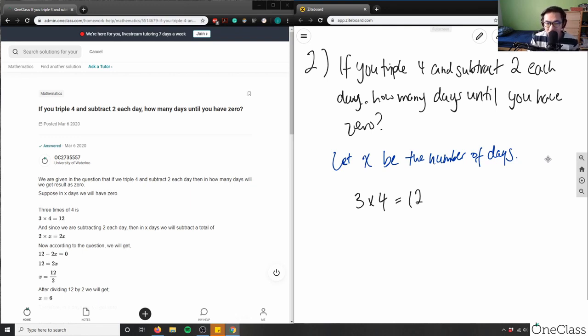So if we're subtracting 2 each day, and x is the number of days, then we would have some sort of function where we have the triple 4, which is 12, and we're subtracting 2 each day. So we would have 2 times x, multiplied by x, because x is the number of days and we're subtracting 2 each day.